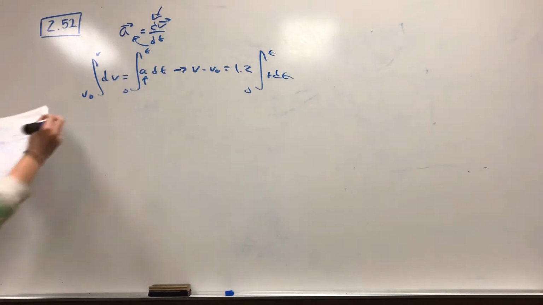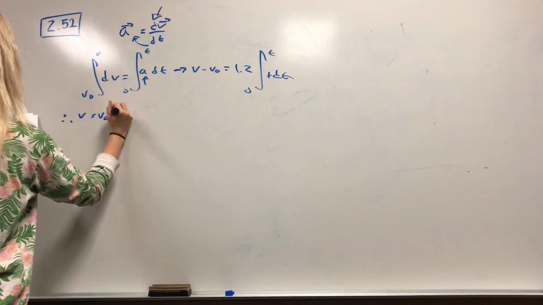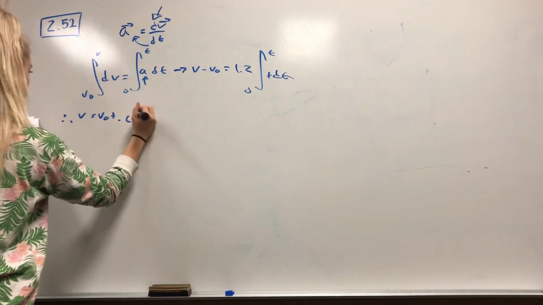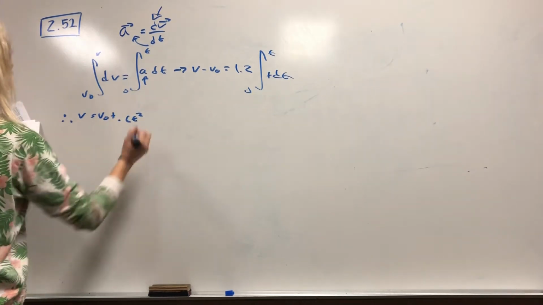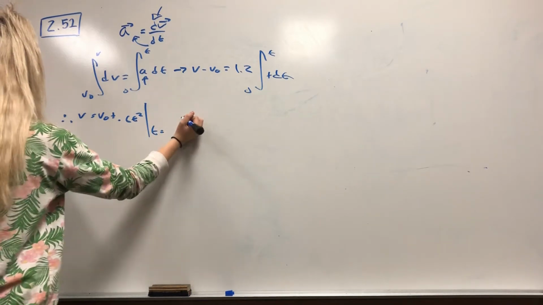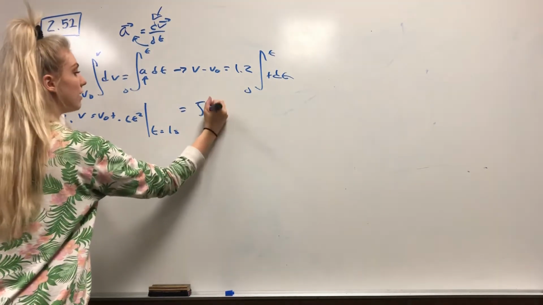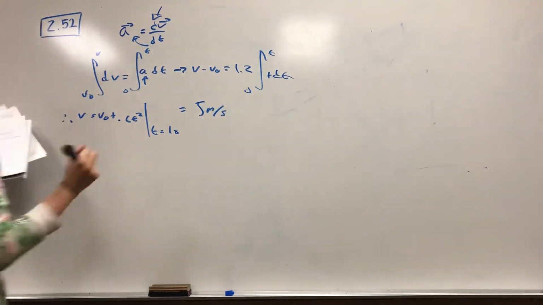And then that yields v equals v naught plus 0.6 t squared, evaluated at t equals 1 second, and that gives us 5 meters per second.